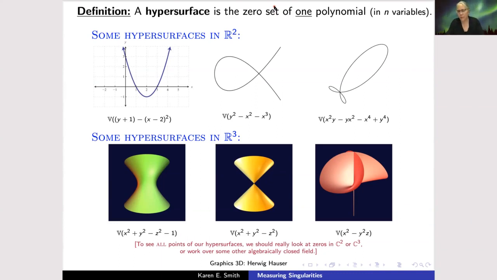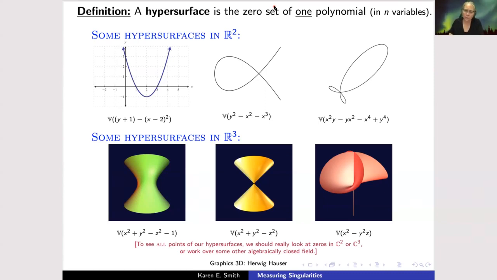So to keep things simple today, we're going to just talk about the zero set of one polynomial. Yesterday we were talking about zero sets of many polynomials, although many of the pictures I drew were one polynomial zero sets anyway. A one polynomial zero set is called a hypersurface.